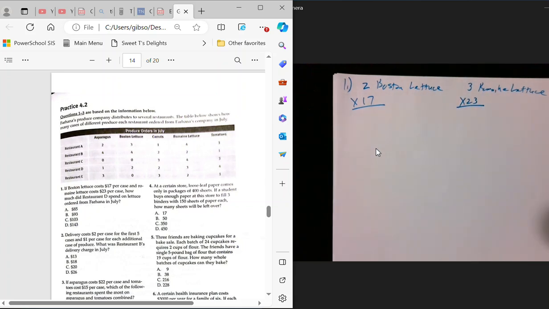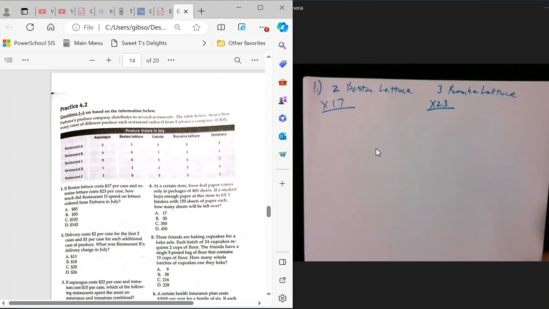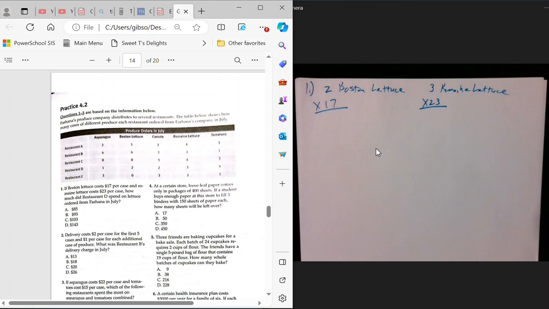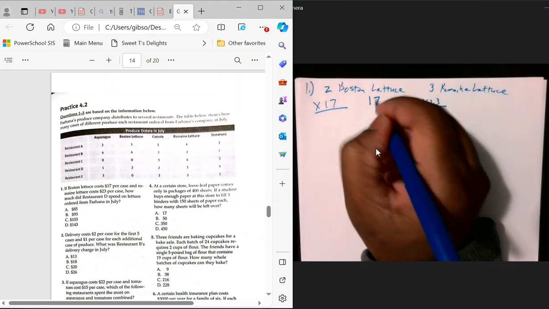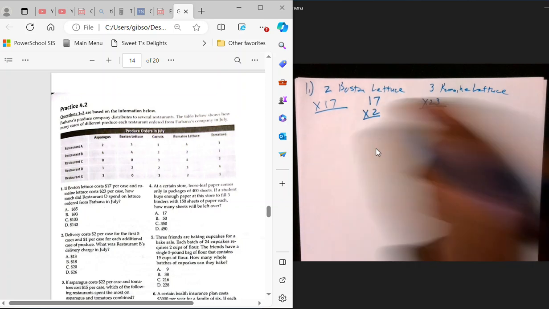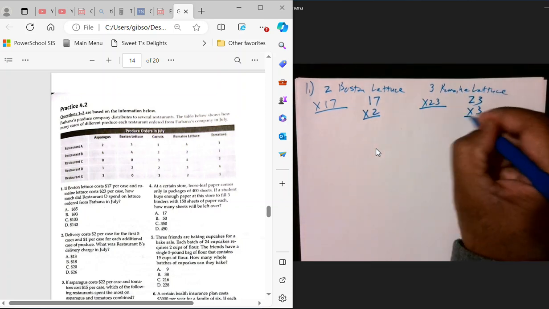Now, I remember telling you all in class that it's a little easier to have the longer number on top and the smaller number, or the smaller in length number, at the bottom. So let's change this here. Let's put the 17 on top times 2, and then the 23 on top times 3.